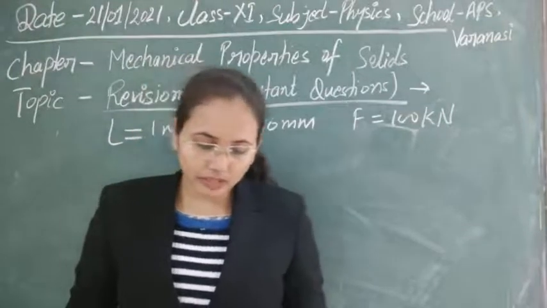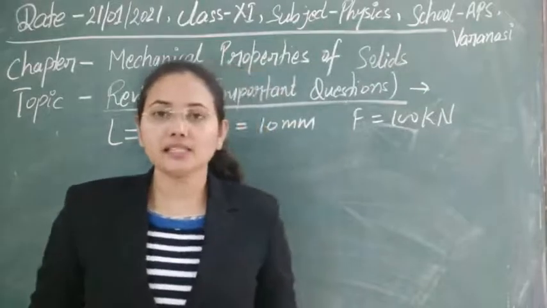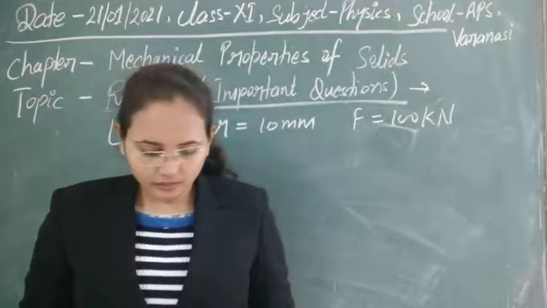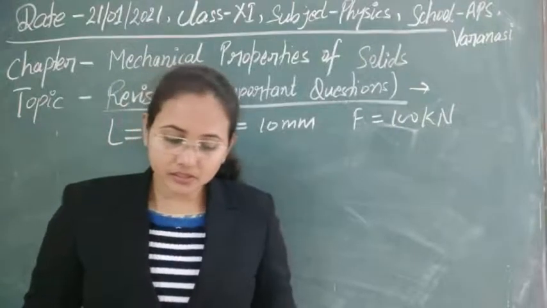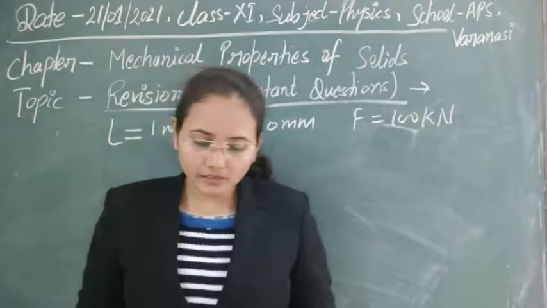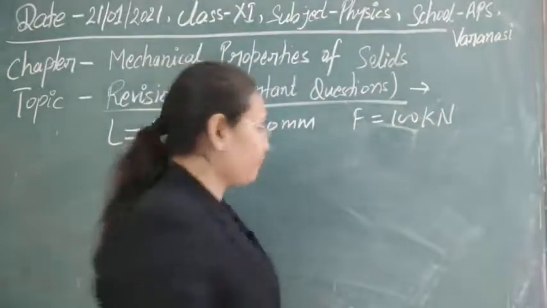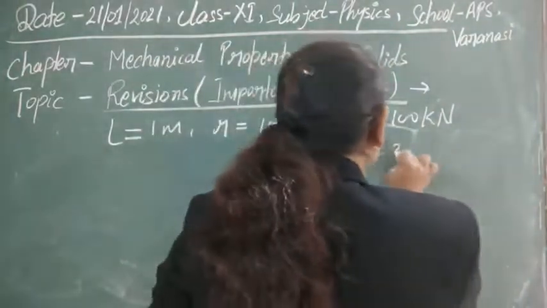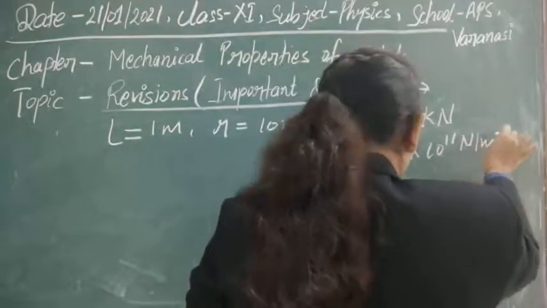Next, we have to calculate, first, the stress. Second, elongation, it means the strain. Third, the percentage strain on the rod. And it is given that the Young's modulus of elasticity for steel is 2 into 10 to the power 11 Newton per meter square.